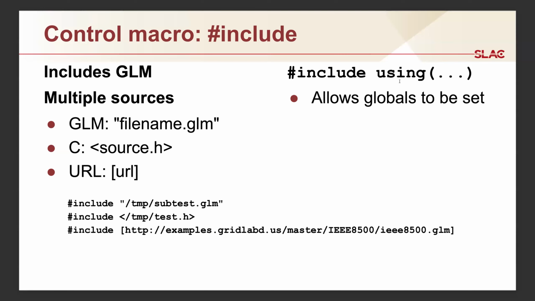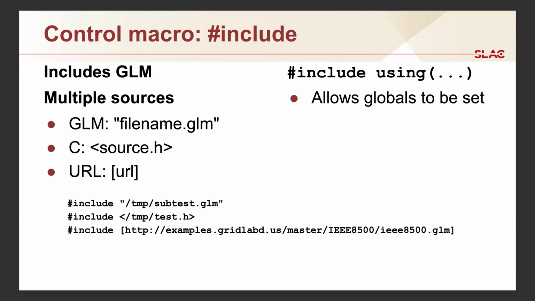There is an alternative syntax to include where you can specify the term using before you put the name of the file or the URL. And you can basically list some global variables that will be set while it's loading that file. So you can say using A equals 2, B equals 5.